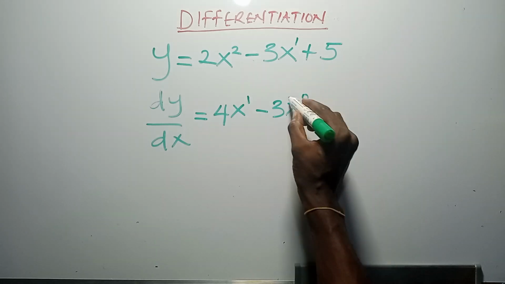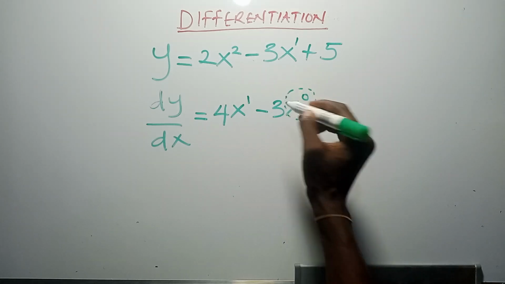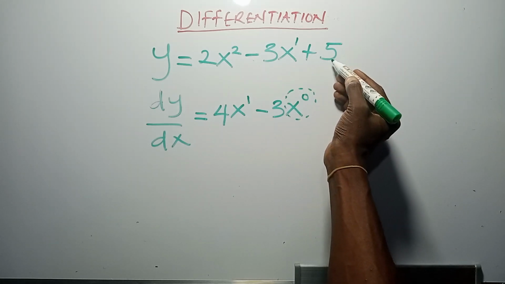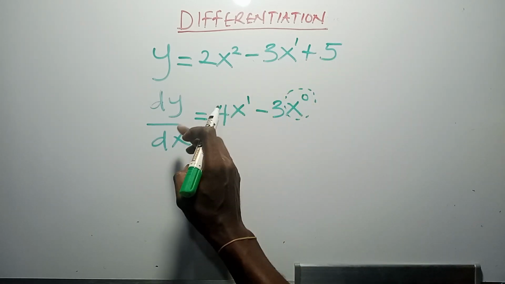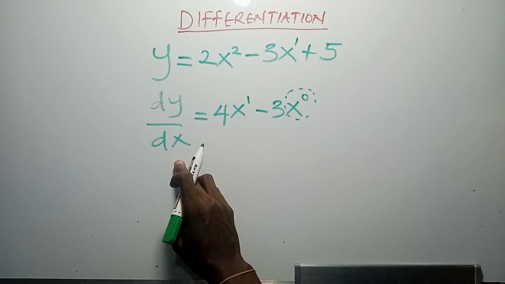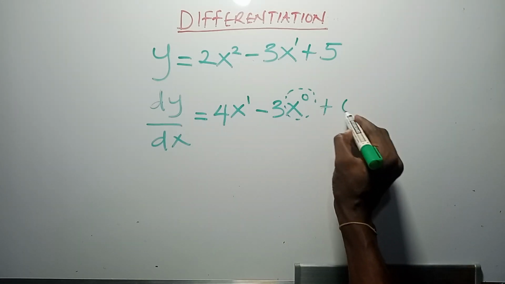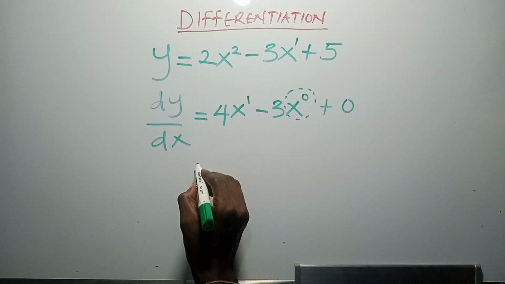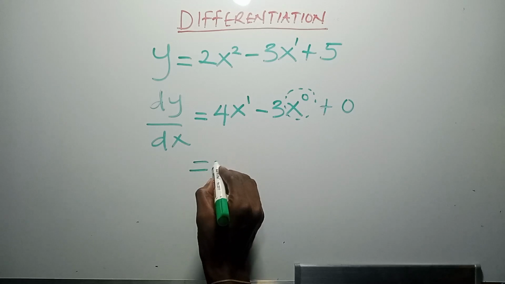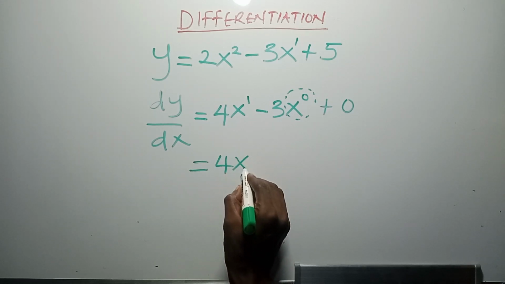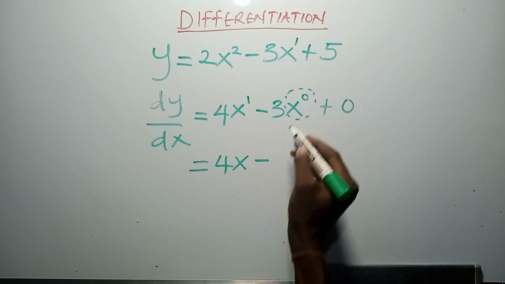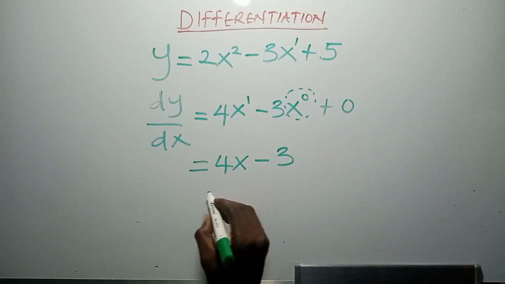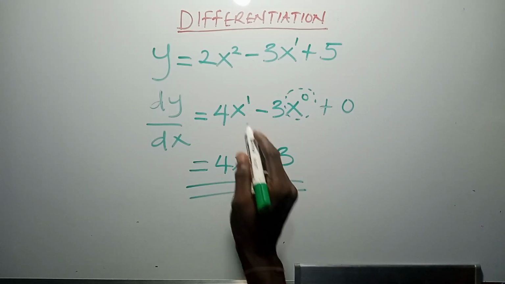And according to the law of indices, this is equal to 1. Now, this is a constant because it doesn't have x attached to it, since we are differentiating with respect to x. So this is 0. So if we simplify further, this gives us 4x minus 3 times 1, according to the law of indices, gives us 3. And that gives us the answer to this problem.